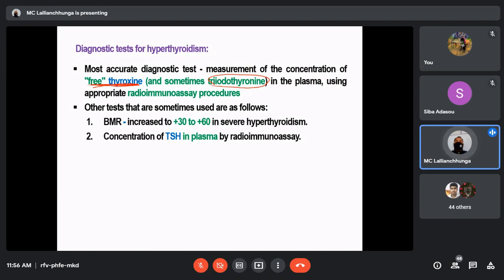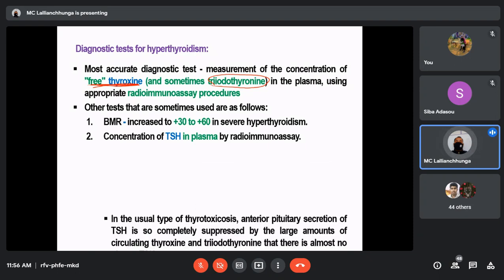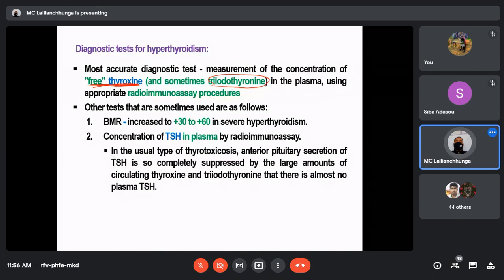As I told you, the TSH value will be very low, maybe zero also, in the usual type of thyroid toxicosis. The usual type of thyroid toxicosis is, as I told you, due to an autoimmune reaction.